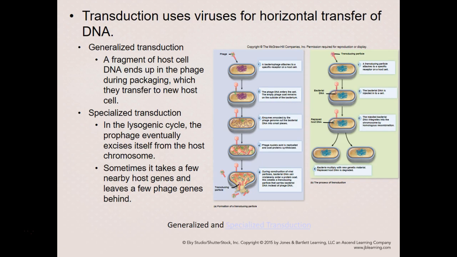And so then that bacteriophage enters the lytic cycle, pulls the information out after producing new viral particles, and takes that new information and can move it to another cell. That's specialized transduction. I did have a video that I'll show you.